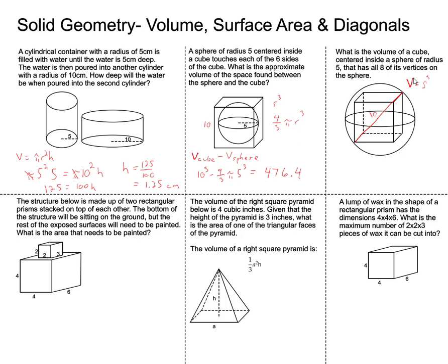If we know the formula to get a diagonal, this problem becomes very easy. If we don't know the formula, that's okay too, because we can actually derive it by drawing in a couple of hidden right triangles and then using the Pythagorean theorem. So we have edge length s, and edge length s. We're going to label this first hypotenuse c.